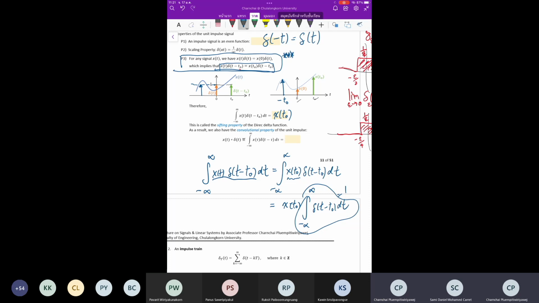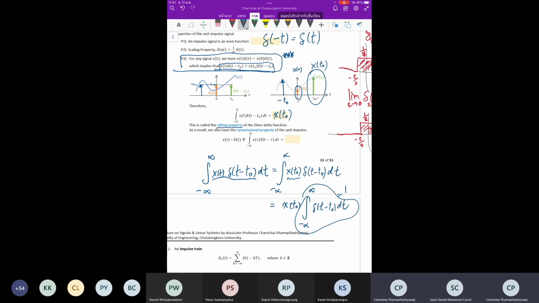What is x at t naught? It's just a number now. So that means over here, if you integrate these values, you get x(t naught). This one we call the shifting property.